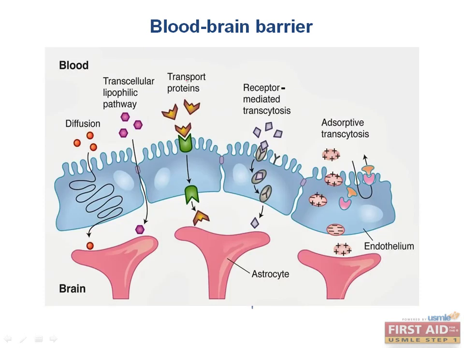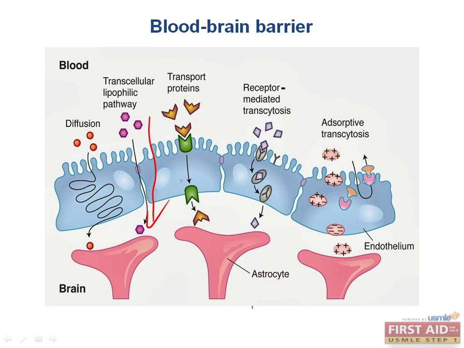Some substances like glucose and amino acids can enter or leave the brain through active transporters in the endothelium. Lipid-soluble substances can simply diffuse right through the membrane. This is why some drugs can enter the brain. There are also some specialized regions of the brain where there is increased permeability to the external environment.